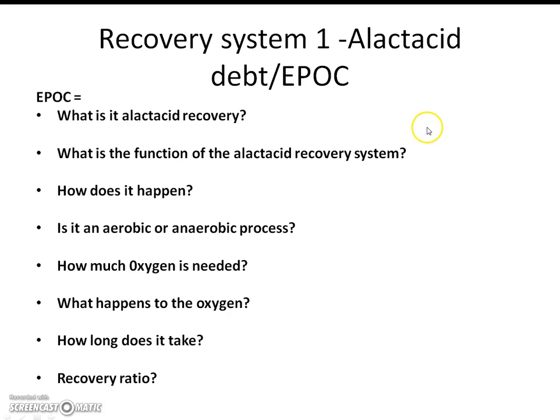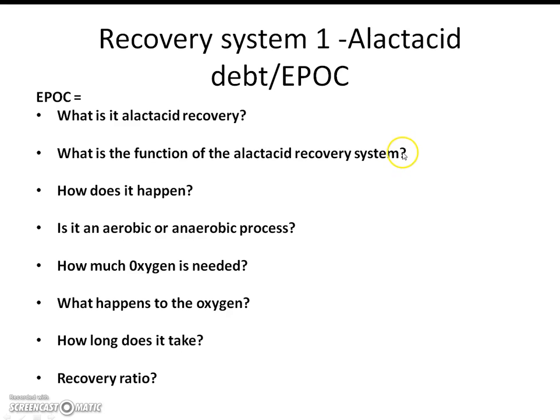It's how we start. So you get your first mark by saying the alactacid is the first and fast component of recovery. Now, what is the key function of the alactacid recovery system? If you think about it, when you start to run at the very start of exercise, and you're running anaerobically, the things that deplete first are your PC and ATP stores, because they get tired out pretty quickly, as we talked about.